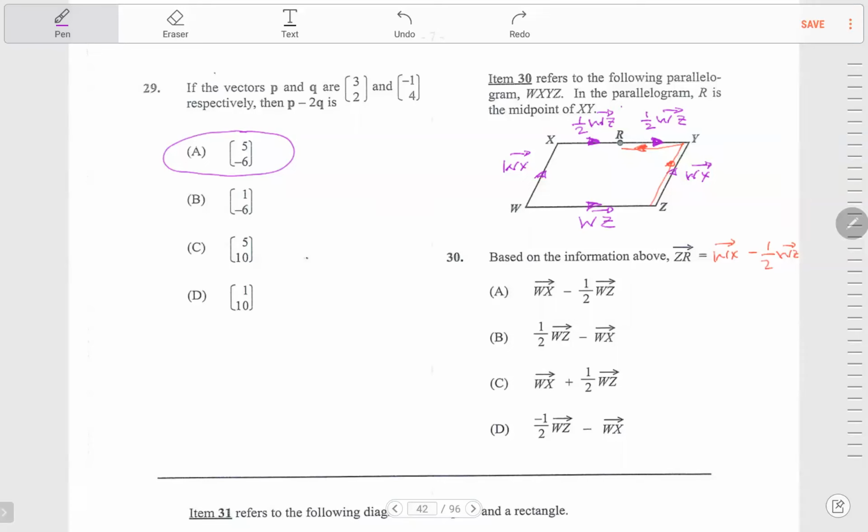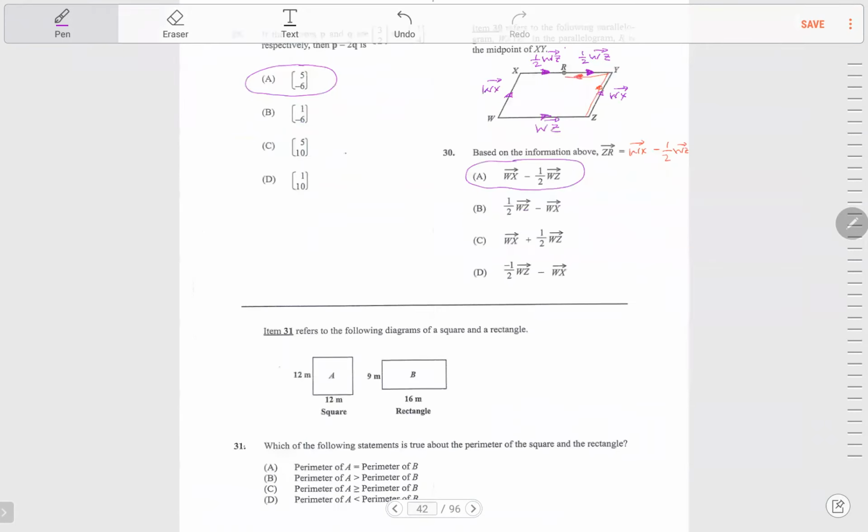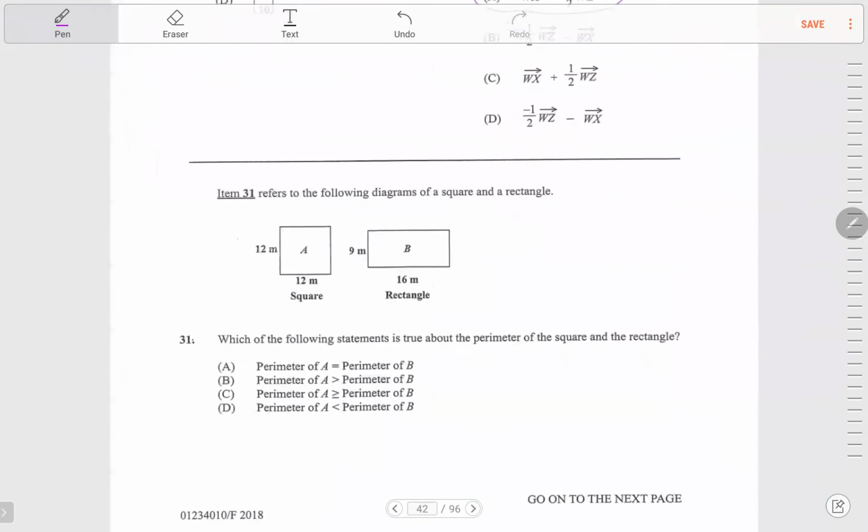And once you go in the opposite direction in vectors, you're subtracting. So the answer for that one is A. I think this is the only time I've seen this question. I don't remember seeing it again. So a question like this, you tend to want to remember.